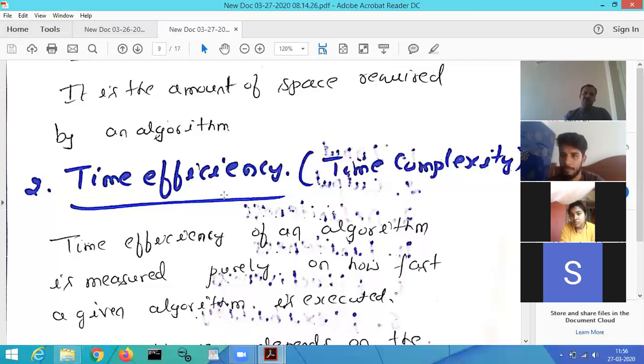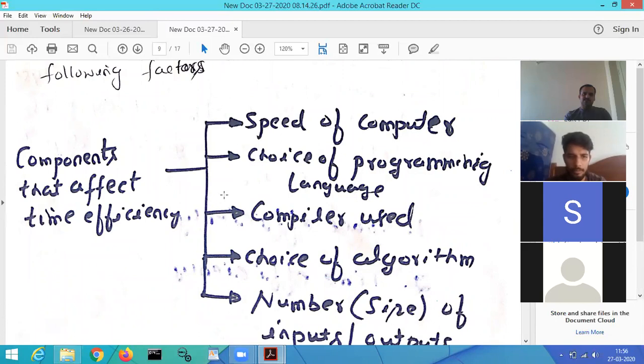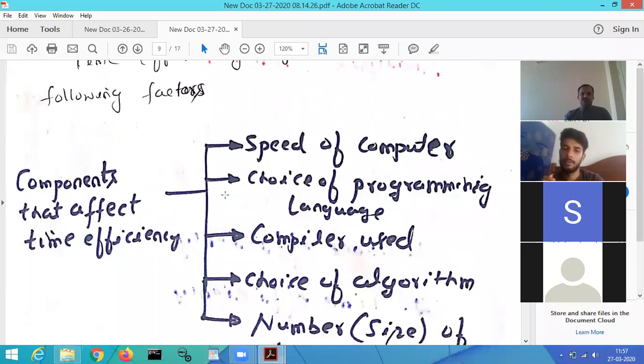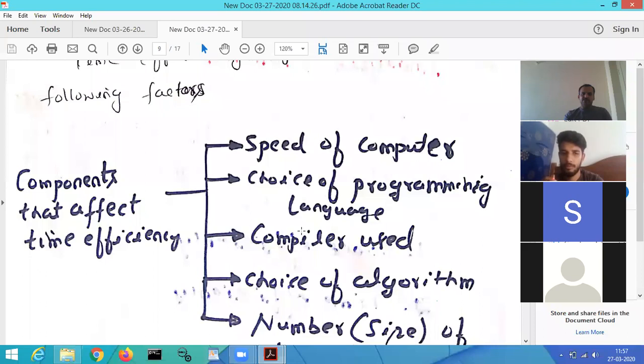Whenever I want to find out the time efficiency of an algorithm, it depends on the following factors: the speed of the computer, the choice of programming language, the compiler you are using, the choice of algorithm, and the number of inputs or outputs.